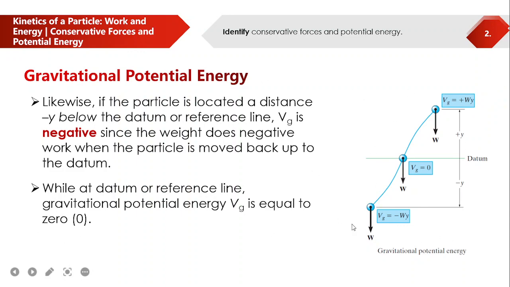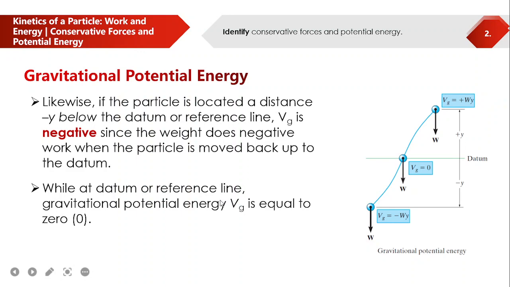Kasi nga, opposite yung weight tsaka yung pag-move back sa datum line, which is pa-upward. Okay? While at the datum or reference line, kung nandun siya talaga sa datum line, yung gravitational potential energy niya is zero or wala siyang gravitational potential energy. So, magdedepende yung potential energy sa reference line natin.